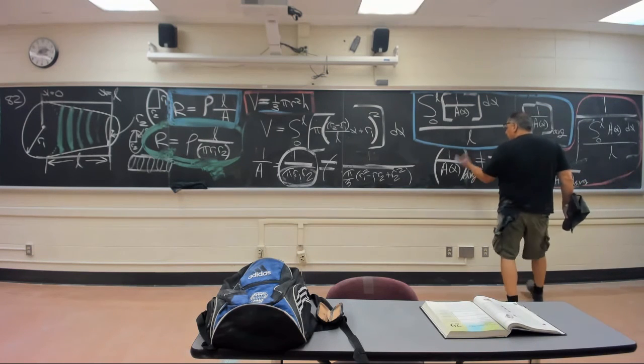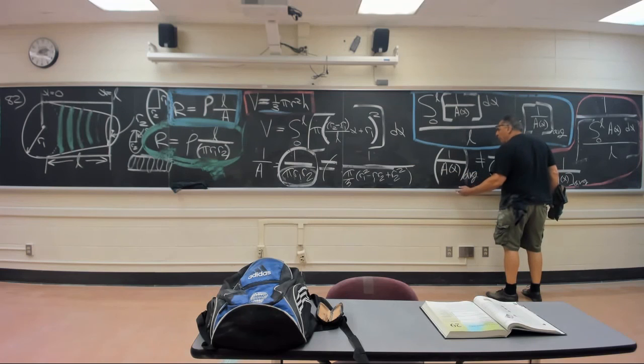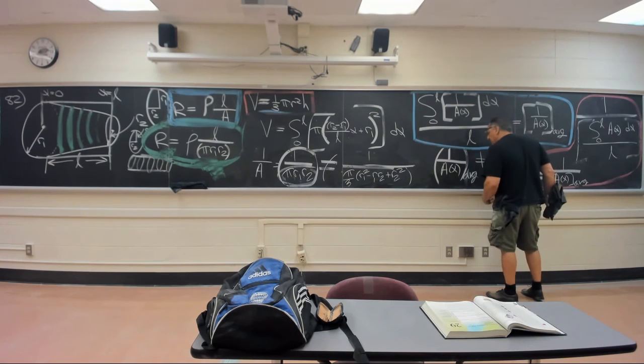So construct the function. What's the function called? 1 over a of x, that's your function. I want the average of this new function we just constructed. The function 1 over a of x, that entire function, what's its average?